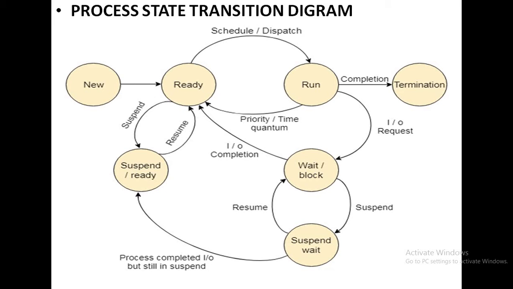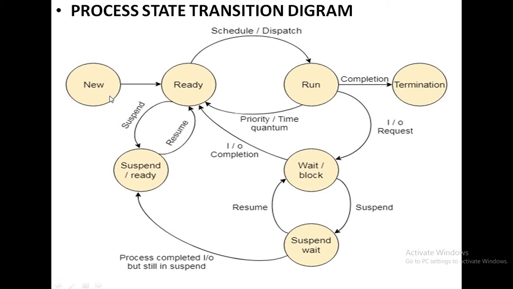This is the diagrammatic representation of the process state transition diagram. That means how a process is created and what are the steps it needs to complete its execution. That is explained here by this diagram.